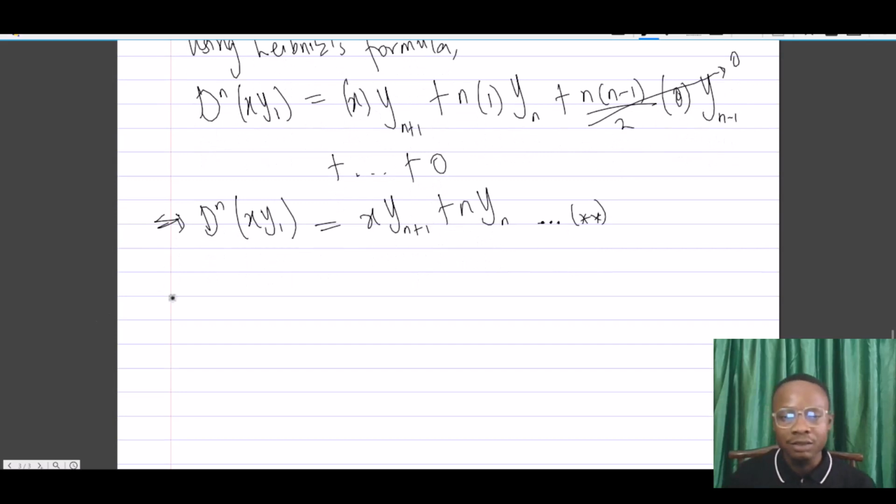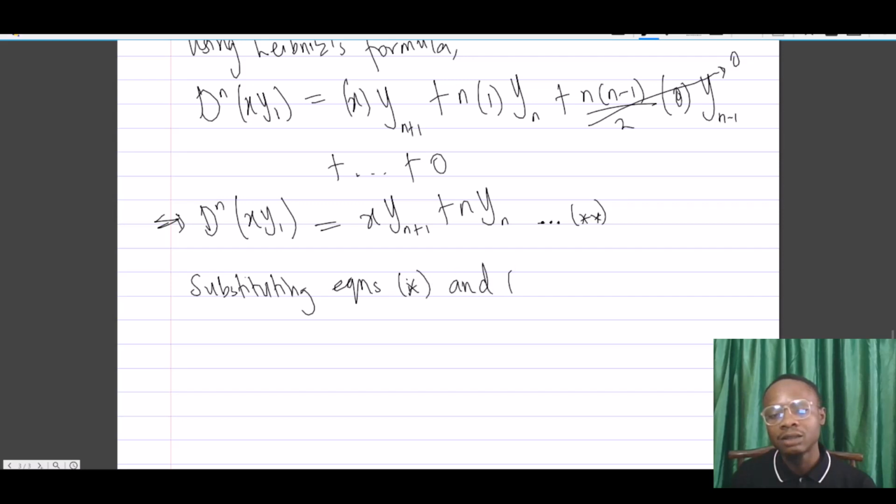So moving forward, we say substituting equations star and star star into equation A. What do we get?